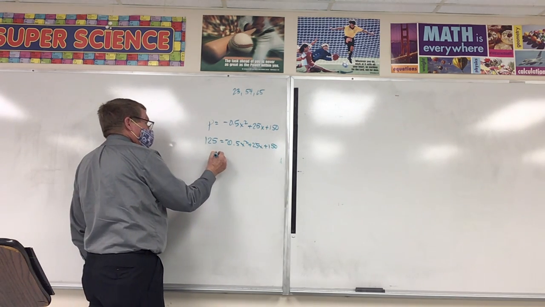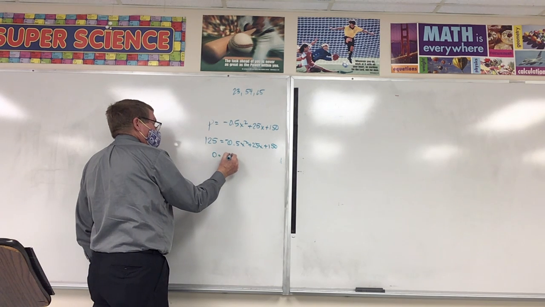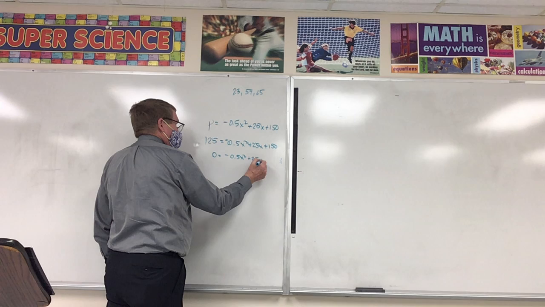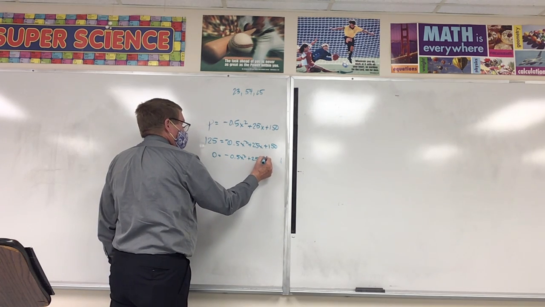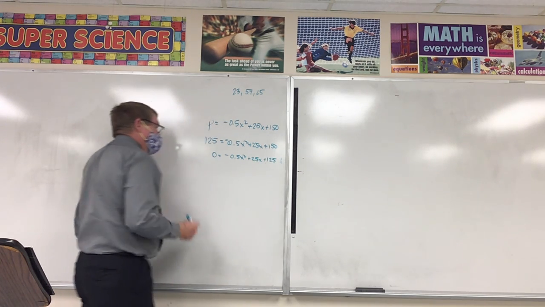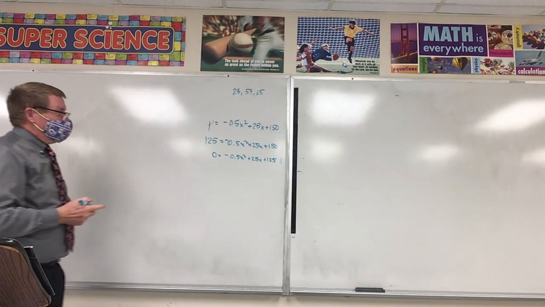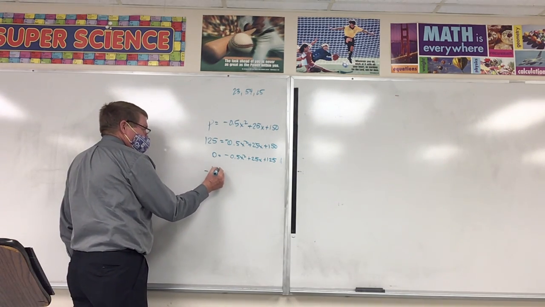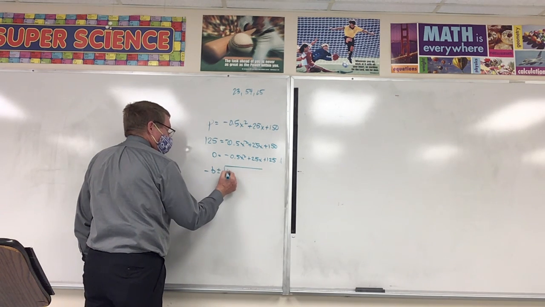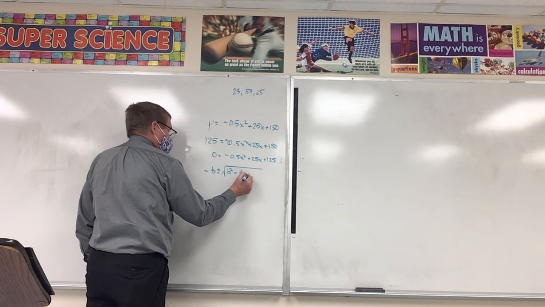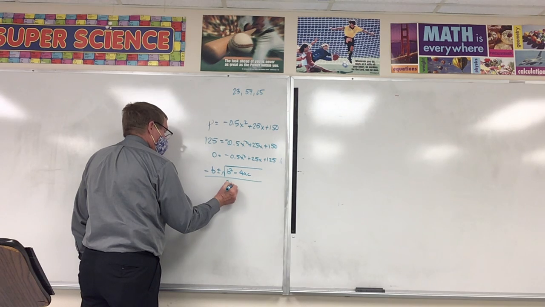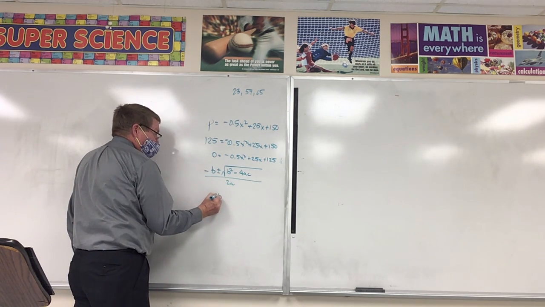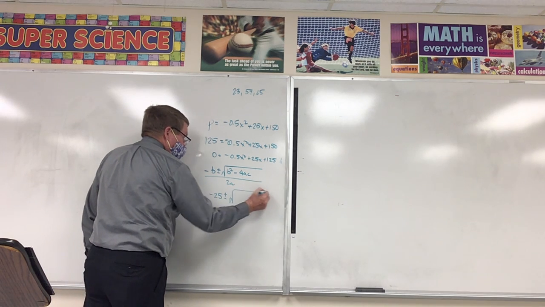Take the 125 to the other side: 0 equals negative 0.5 X squared plus 25X plus 125. So we want to solve for X. We're going to use the quadratic formula: negative b plus or minus the square root of b squared minus 4ac, all over 2a.